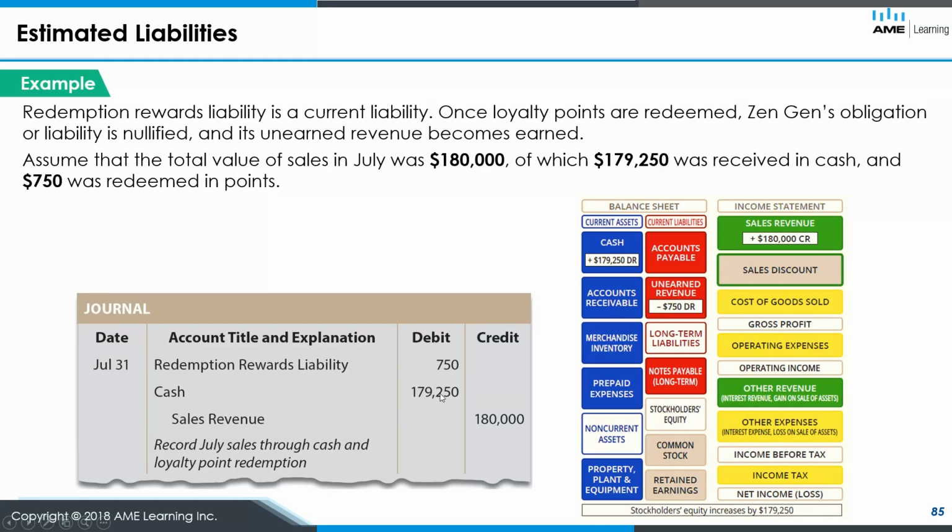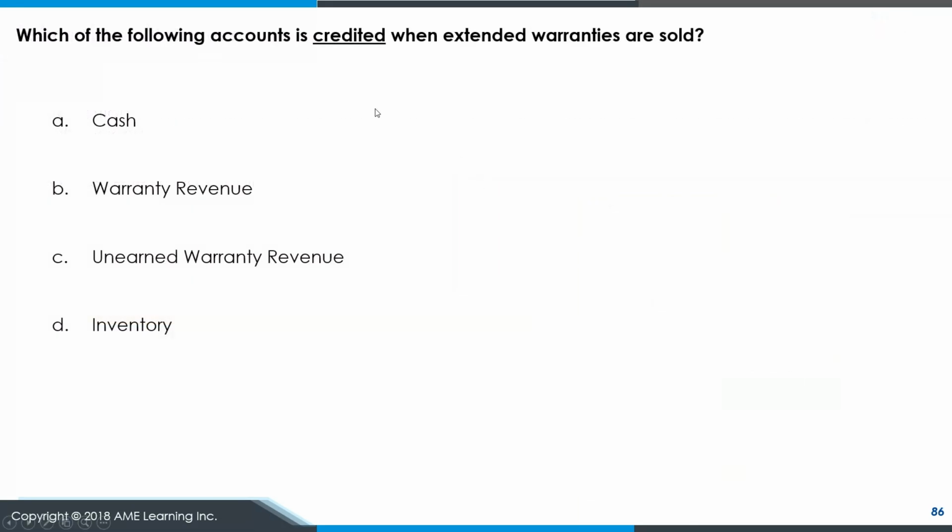So basically, we're able to reduce that liability for the 750, and we don't get to receive as much cash. So it's a proportion of our sales become loyalty points liability reduction instead of cash, essentially. So that's the whole idea, is that we're allowing the customers to pay less than they would otherwise.